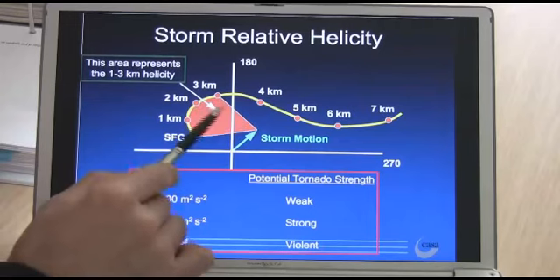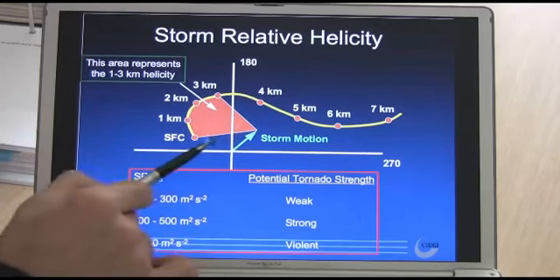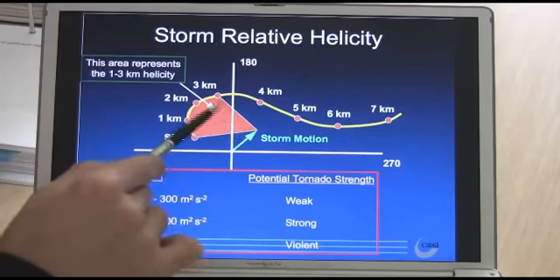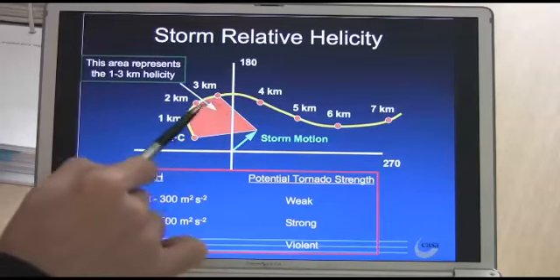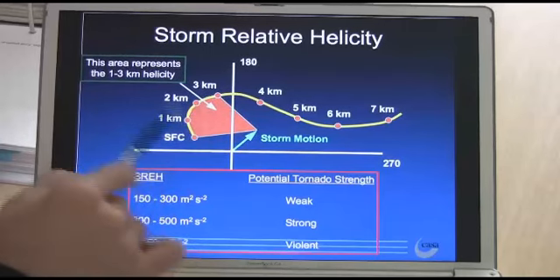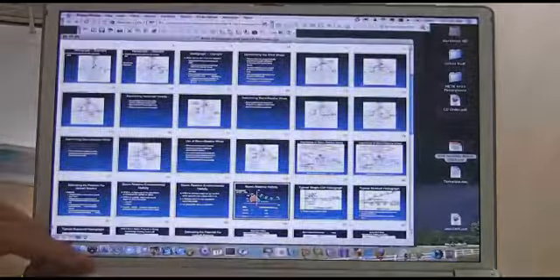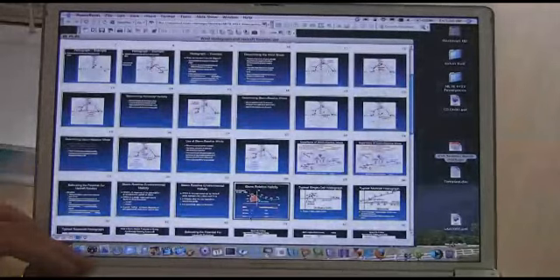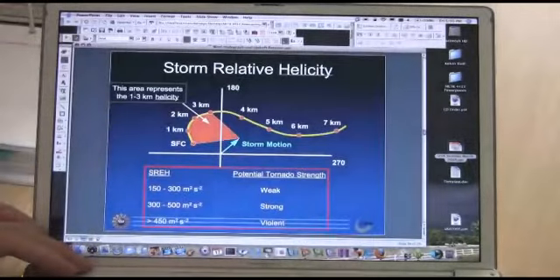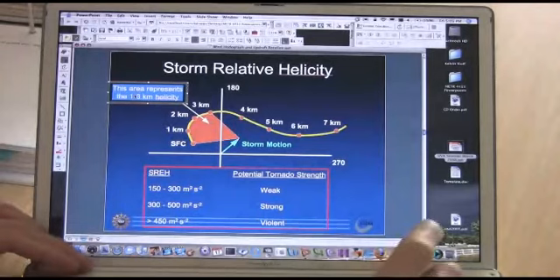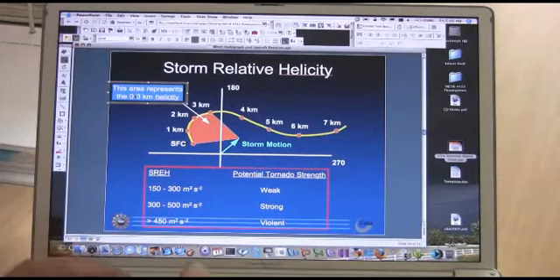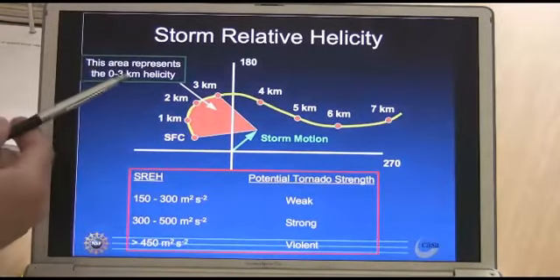So if I shade the area swept out between the surface and the 3 kilometer storm relative wind vectors in the hodograph, that kind of creates an area here. If I shade that in, that represents, it should say not the 1 to 3 kilometer helicity, it's 0. Change that to 0. Let me do that now. Sorry about that. I don't want to get you confused here. Do a little real-time editing here. Okay. That should say the surface to 3 kilometer helicity.